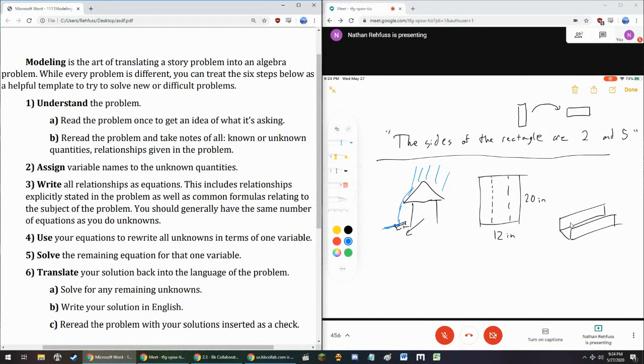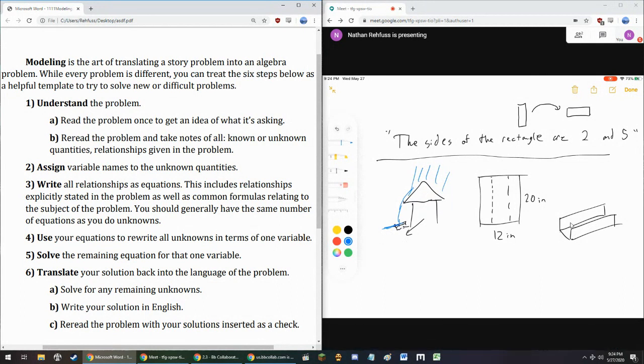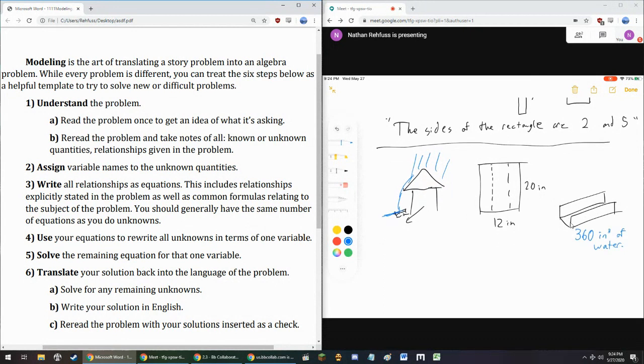And they say, well, as a matter of fact, I know exactly the answer to that question. This thing needs to hold 360 inches cubed of water. That's what we need to hold it in. So that's going to be the volume. When this thing is completely full, it needs to be holding 360 inches cubed of water.